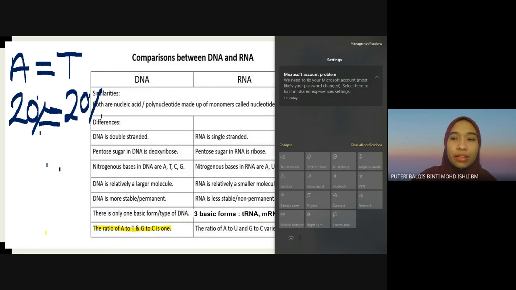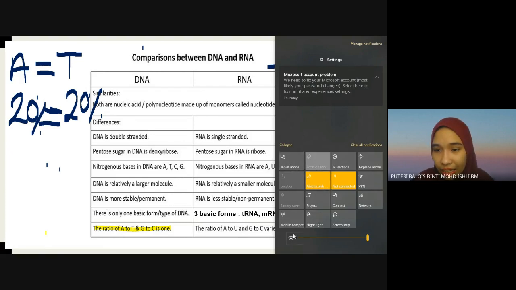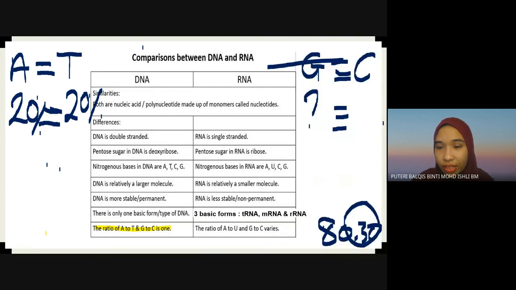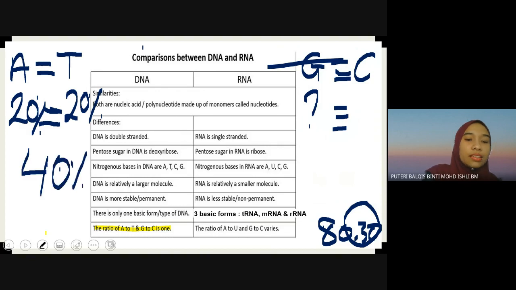Alright, why? Kenapa dia keluar benda ni? Tak nak. Saya nak simpan balik. Okay, the correct answer is 30. Why? Okay, so sini adalah 40 kan? 40%. Okay, Falih, sambung apa saya explain?